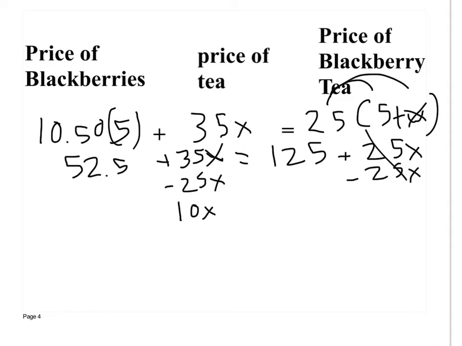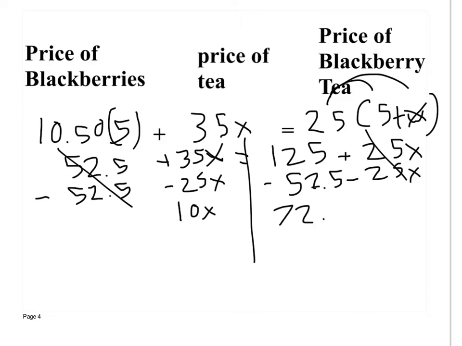Then I'm going to subtract my 52.50 from both sides and move it over. 125 minus 52.50 is 72.50. So we have 10x is equal to 72.50.